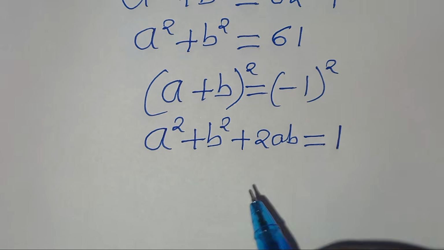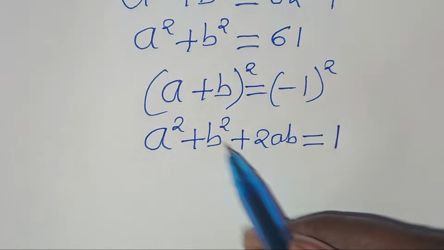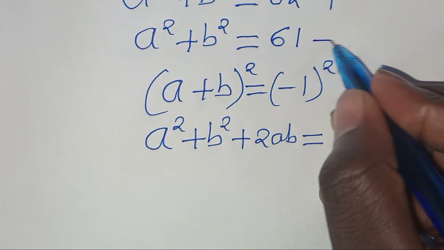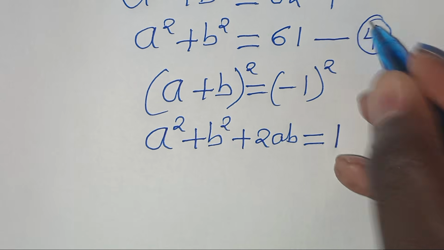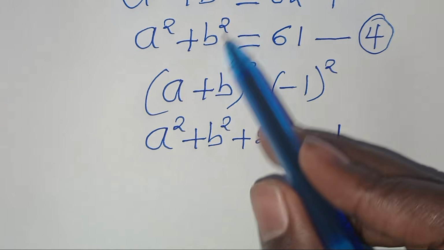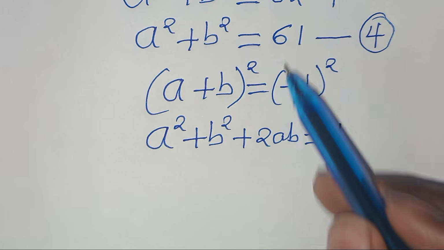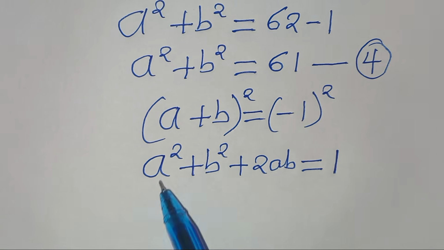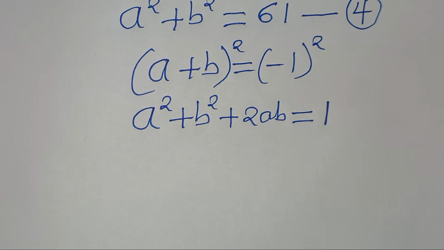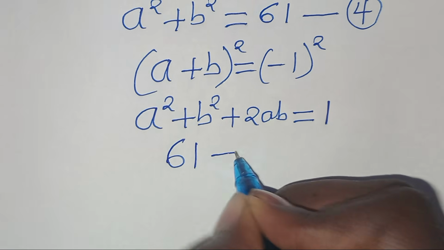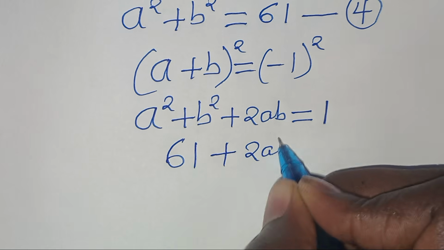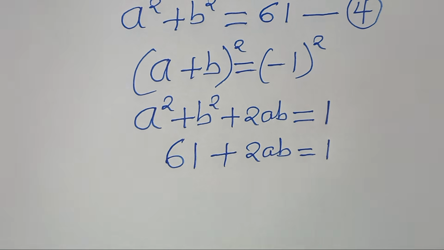Now, the next step is that we have a squared plus b squared. Remember, this is equation 4. So we have a squared plus b squared equal to 61. So let's substitute 61 here. So we have 61 plus 2ab equal to 1.